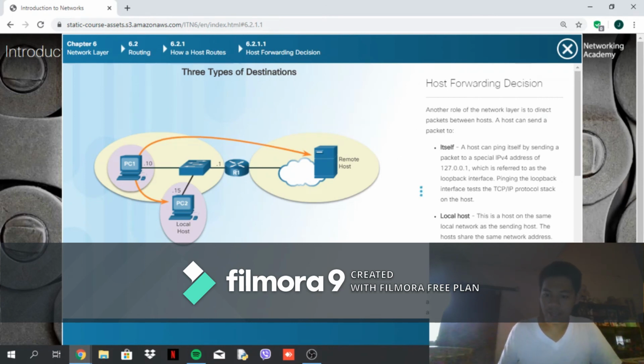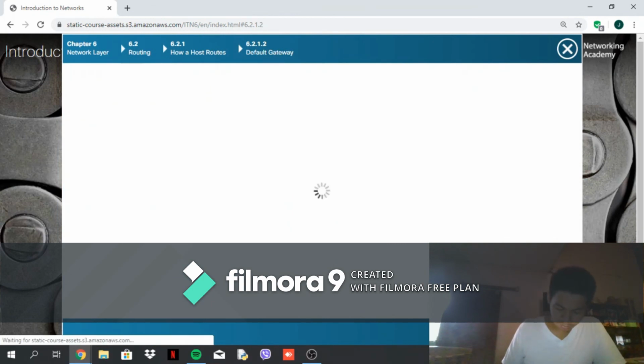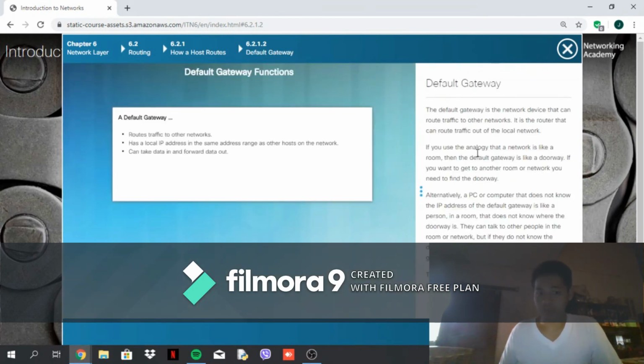Also, guys, here in the router, there is a default gateway. So, what is a default gateway? It can take data in and out of the system. It routes traffic to other networks. It has a local IP address in the same address range as other hosts on the network.